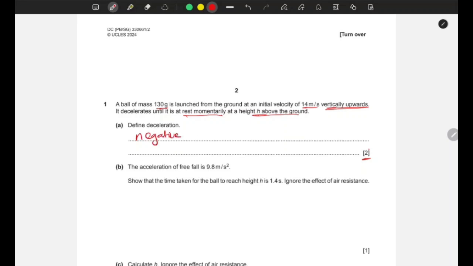Acceleration is rate of change of velocity, so deceleration is negative rate of change in velocity. This is acceleration, and the negative shows that it's deceleration, so it's negative acceleration.